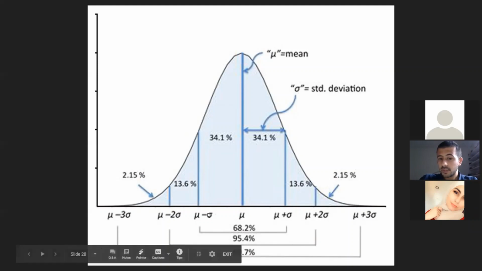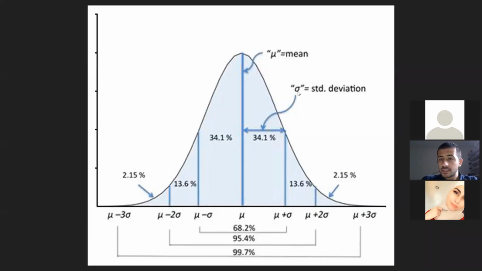And if I take another standard deviation to the right and another to the left, I will add until I reach 95.4%, and so on. If I add more, I will have more percentage of our data.